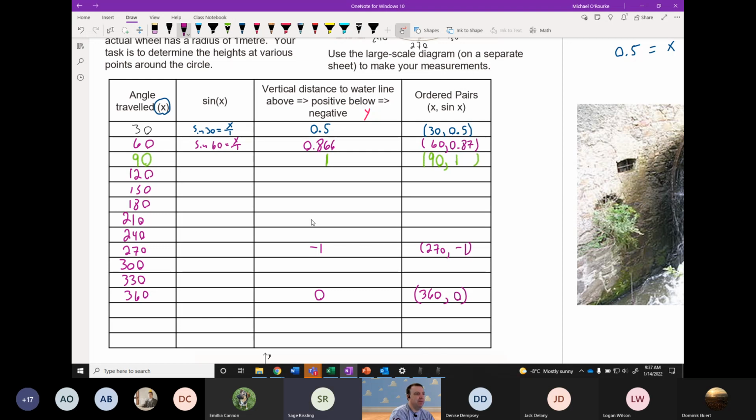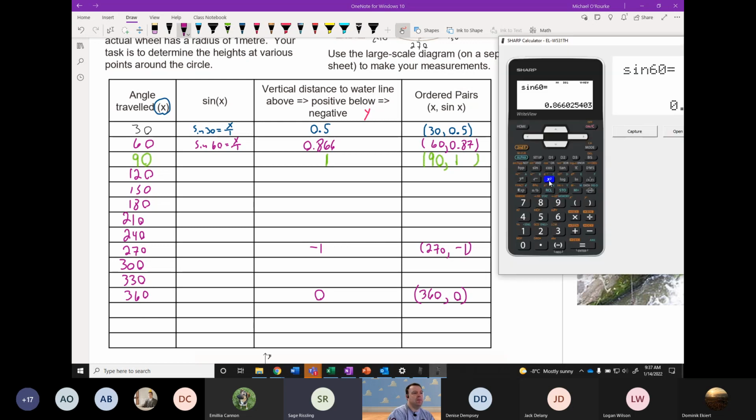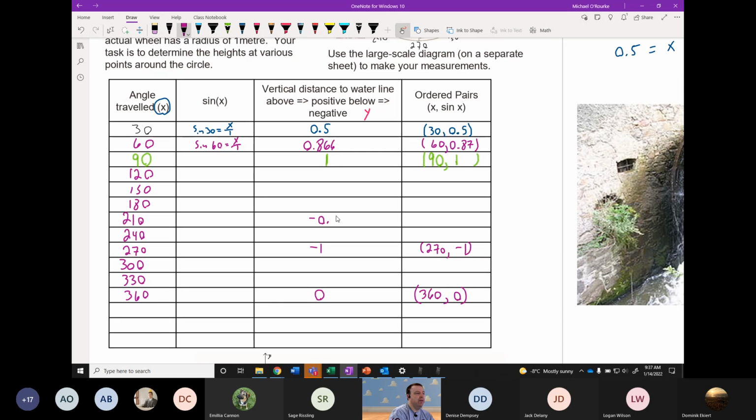When I put the negative, it turns to degrees, like when I type it. But sine is supposed to be 210? No, I mean like, just in here. Oh, I understand. Okay, I got you. Negative 0.5. So that's 210, comma, negative 0.5.